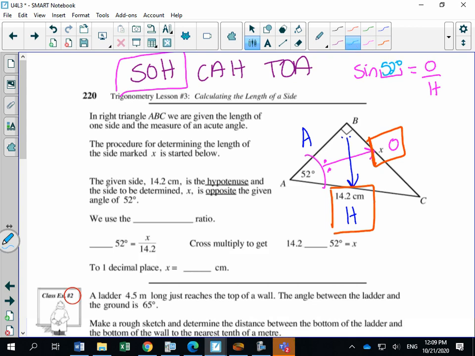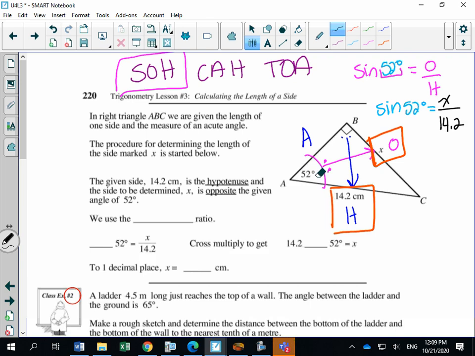So the sine of 52 degrees is equal to O over H. So then next I write this: the sine of 52 degrees is equal to, I have to take out the O and the H, and plug in what they want O and what they want H to be. So O is what they're looking for. That gets the X. So O is X over H is 14.2.